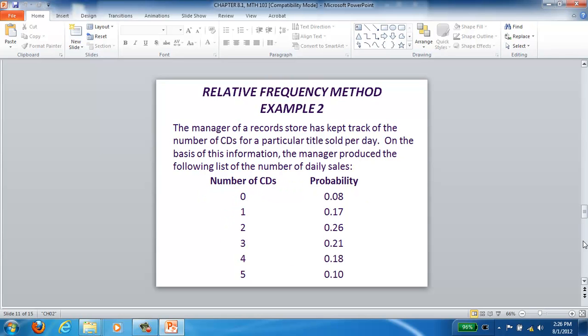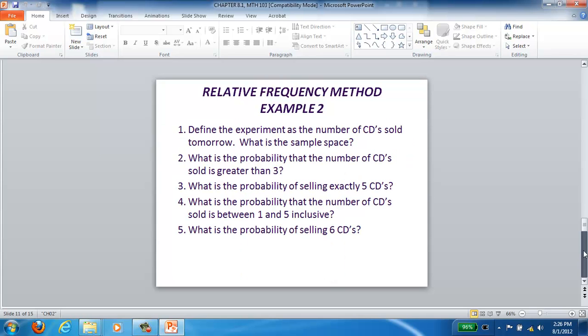Next, we have a second example where the manager of a record store has kept track of the number of CDs of a specific title sold per day. That means you may have an 8% probability of not selling any of them, 17% to sell 1, 26% to sell 2, and so on. Based on this data, let's go through the following questions. Define the experiment. What is the sample space?